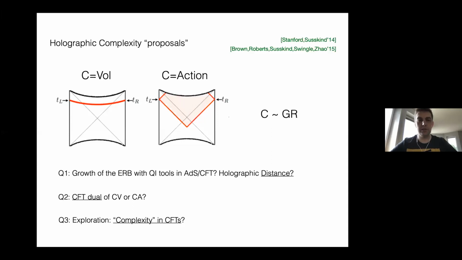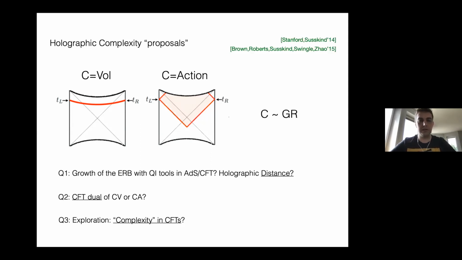But the expectation, maybe general from these works, is that somehow the complexity should know more than entanglement and should be related to more fine-grained information about the dynamics of GR that knows about the growth beyond the saturation of entanglement entropy. So at least my personal motivation from this problem and from this development can be summarized in 3 questions.